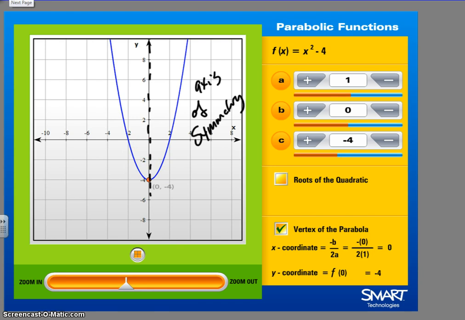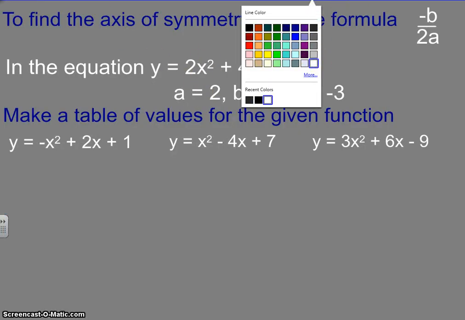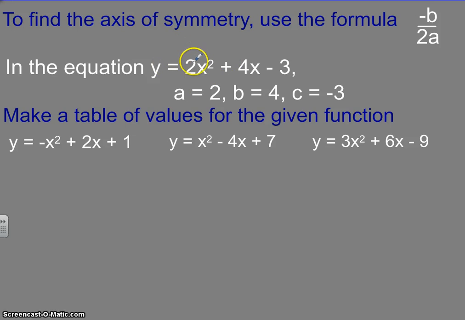So let's look at a few basic things. The first thing we need to know is this. In a quadratic equation, the coefficient of x squared is called a. The coefficient of just x, or whatever variable is in there, is b, and the constant is c for constant. It is possible to have no middle term.